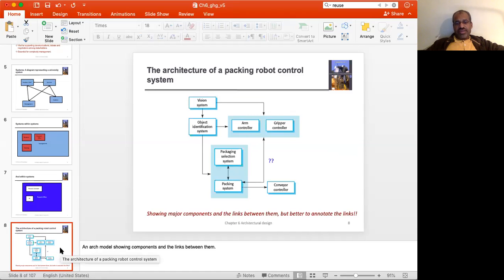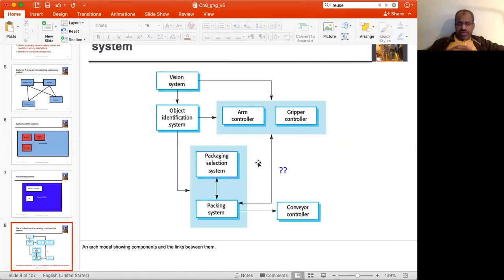Here's an architectural representation of the software system that would drive a robot for packing. So we have a control system that would control that packing robot. As you can see here, this is the top level representation of this system.